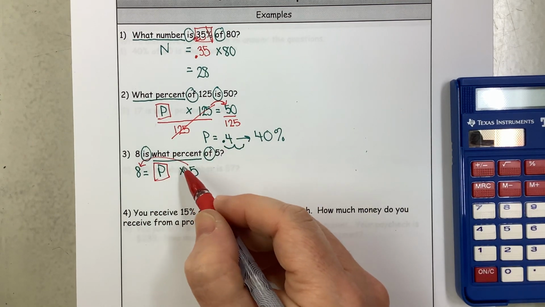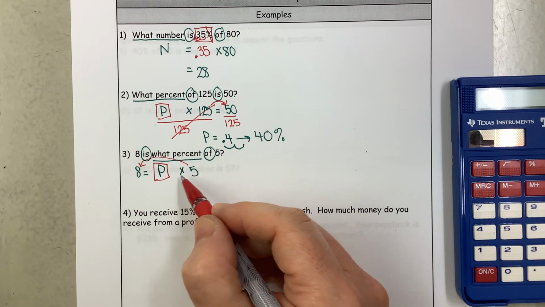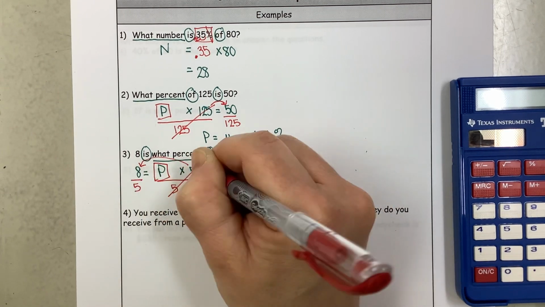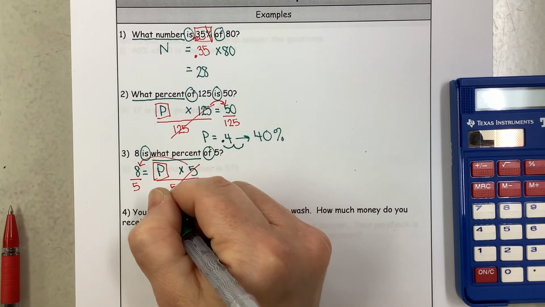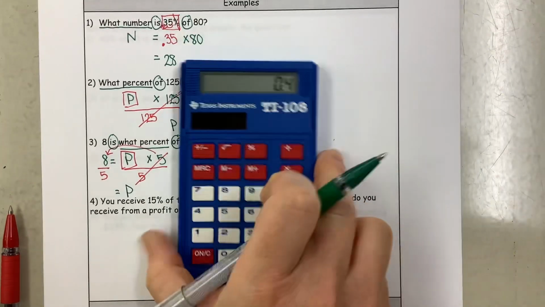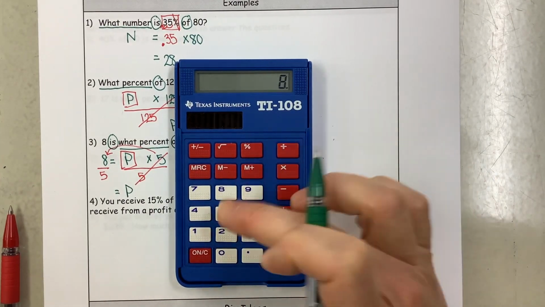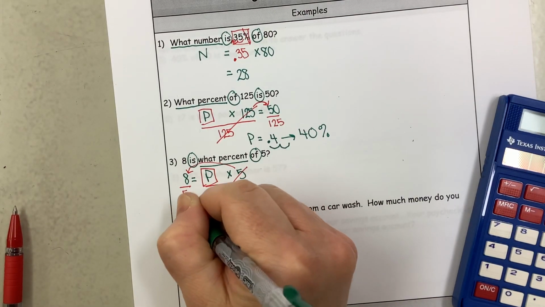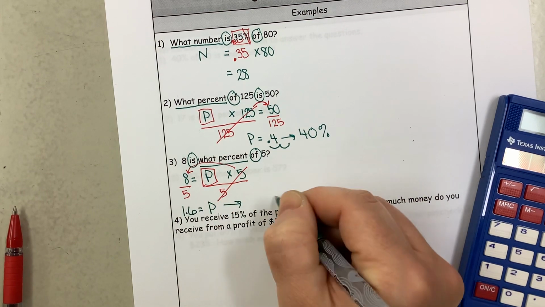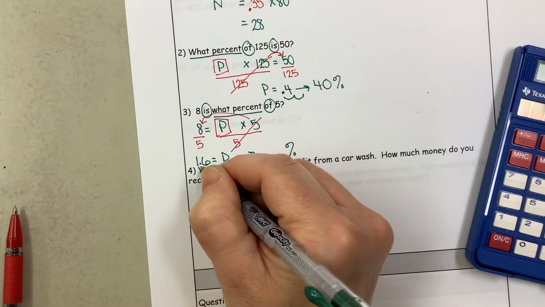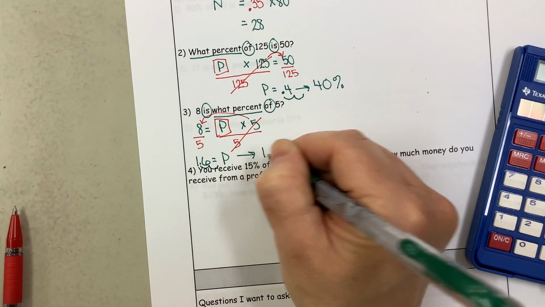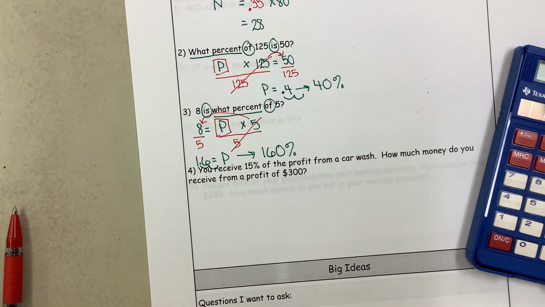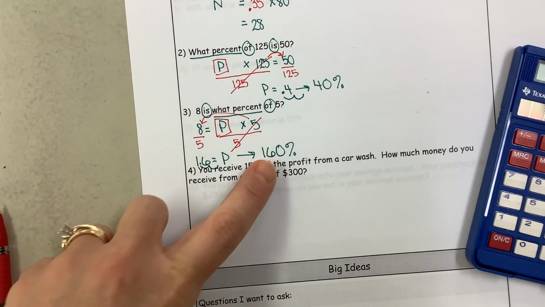To do that, I have to do the inverse, which is instead of multiplication, divide by 5. When I do that, I get 8 divided by 5, which is 1.6, but I want a percent. So I'm going to move my decimal 2 places, so that becomes 160%, because we know this is bigger than 1, so bigger than 100%.